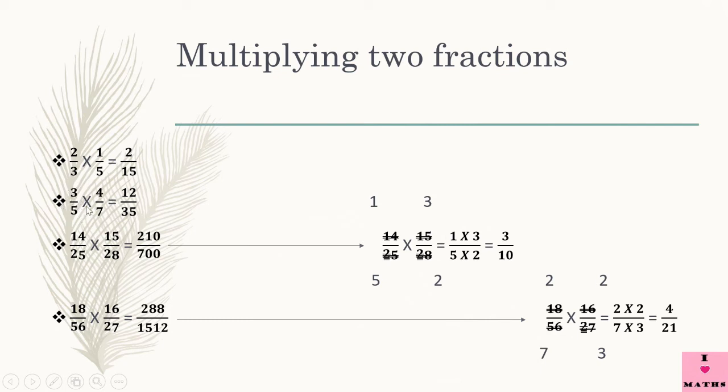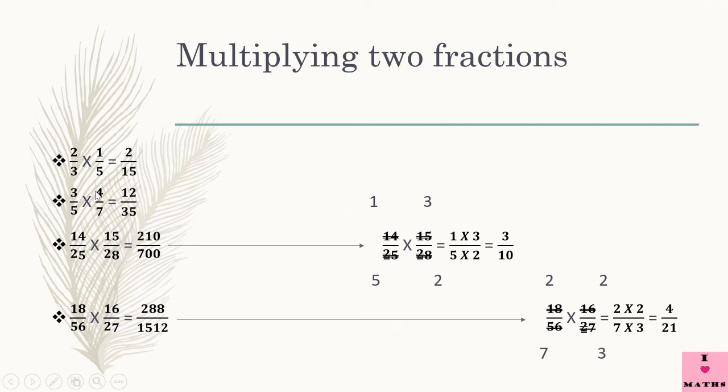3 upon 5 multiplied by 4 upon 7. Okay, children, this is also the fraction in the lowest form because 3 and 5 do not come in any one table except 1. 4 upon 7 is also a fraction in the lowest form. Also, 3 and 7 do not come in any one table. 4 and 5 do not come in any one table.